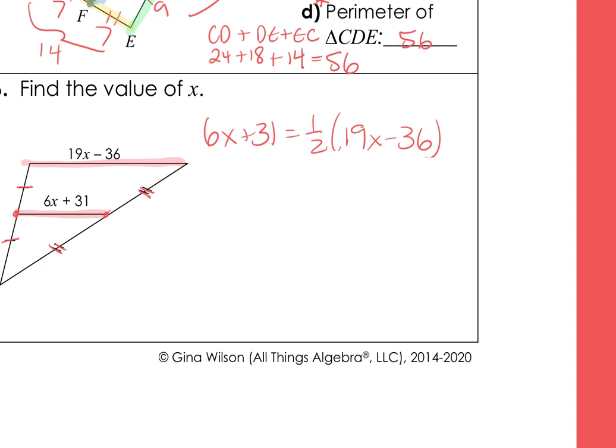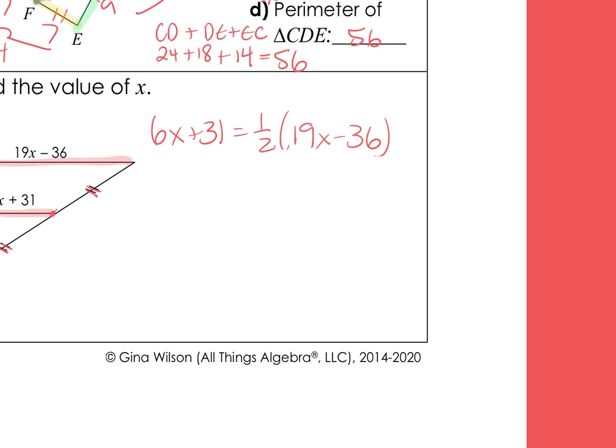This also gives me that weird situation where I don't really want to do half of 19. That'll be a decimal. So instead, I'm going to start by just doing times 2.